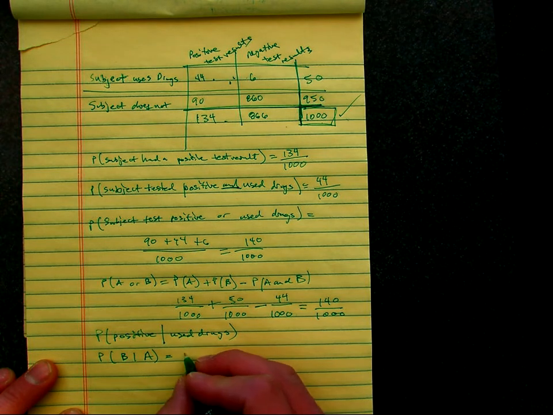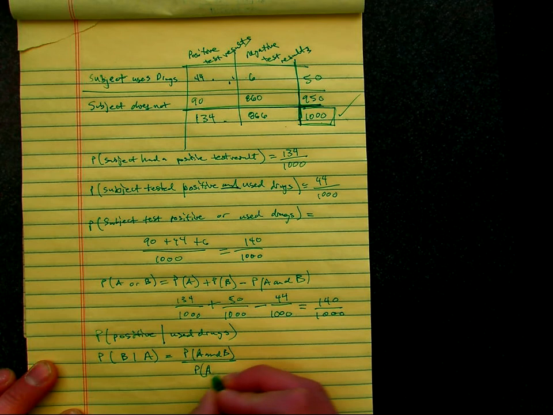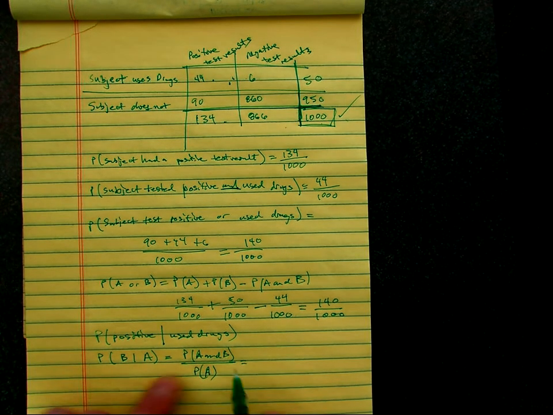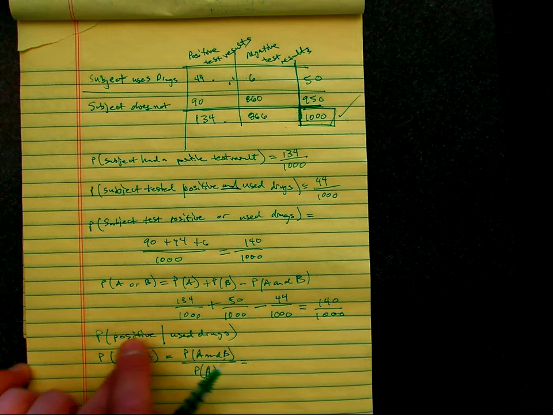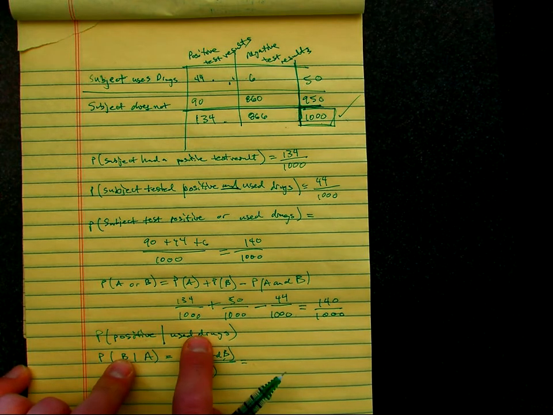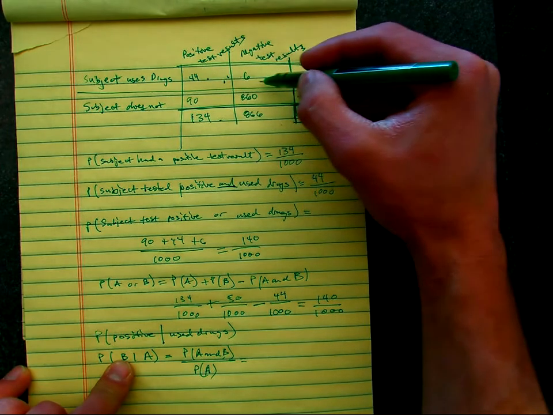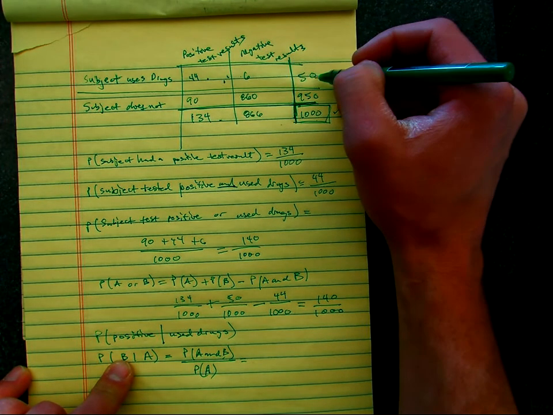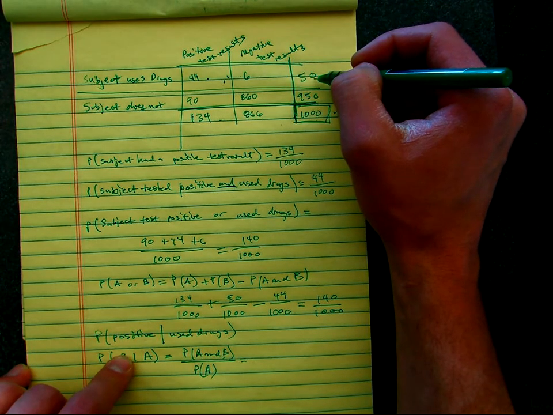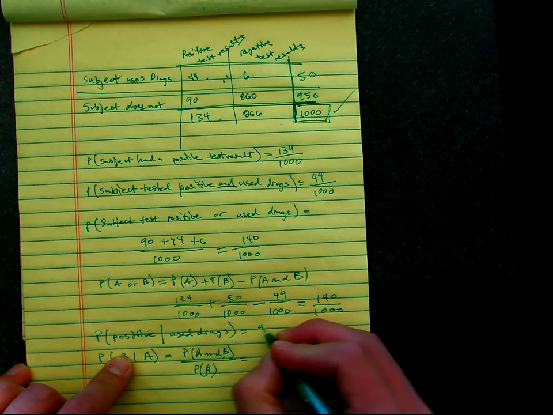So that's equal to the probability of A and B divided by the probability of A. So in this case, first, let's do this. Probability of positive given the used drugs. So given the used drugs, so they're in this row right here, you're going to have a total of 50 and positive. So that would be 44 out of 50.